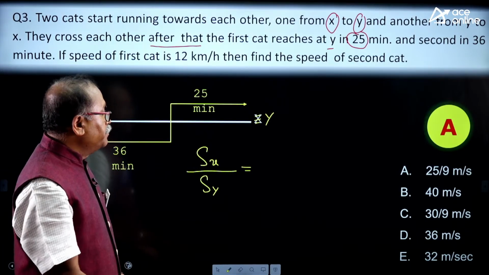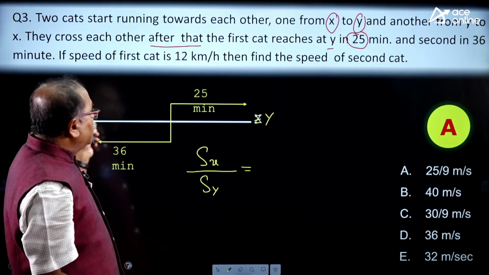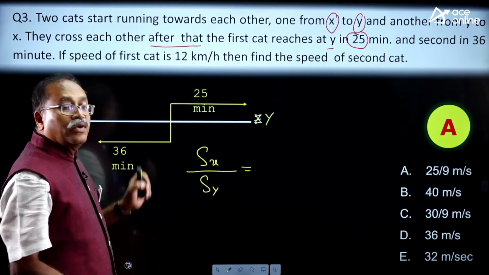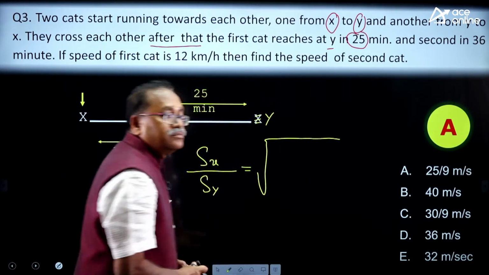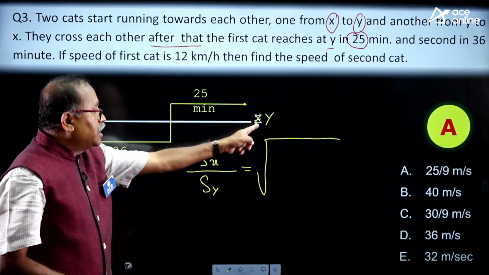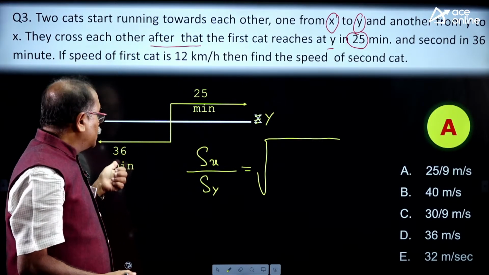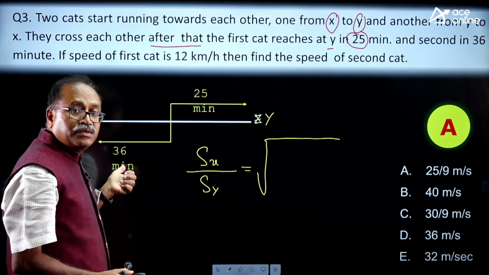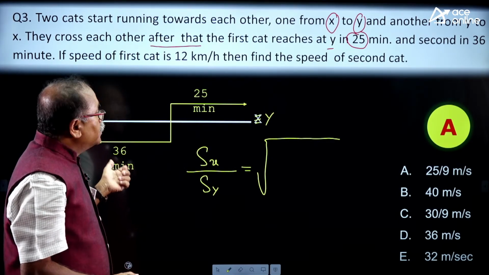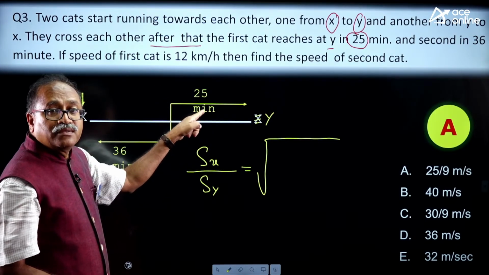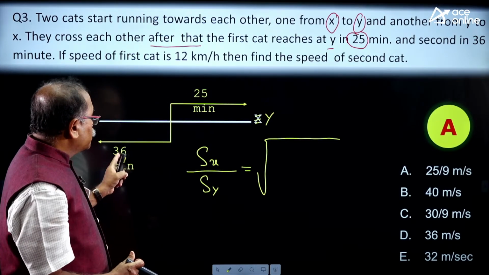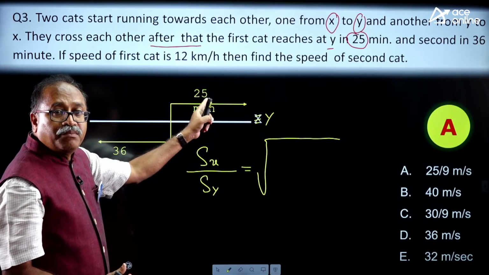Well done, well done. So the speed of X by speed of Y is equal to the square root of the time taken by cat Y, that is 36 minutes, by the time taken by cat X after crossing, that's 25. So the square root of 36 by 25.